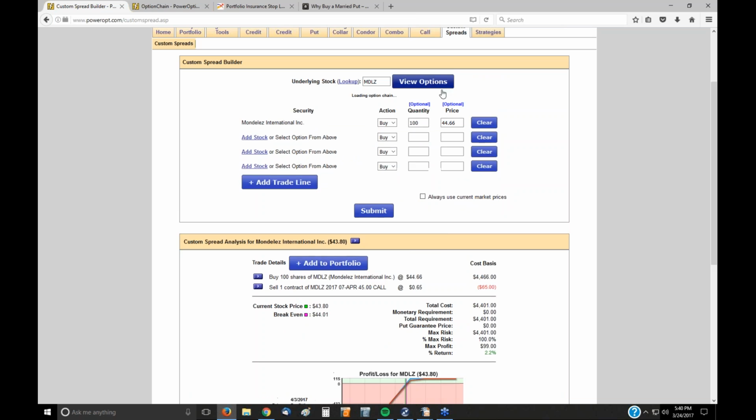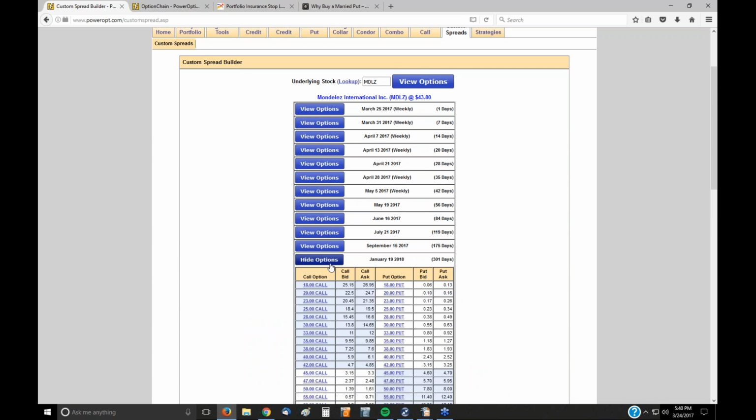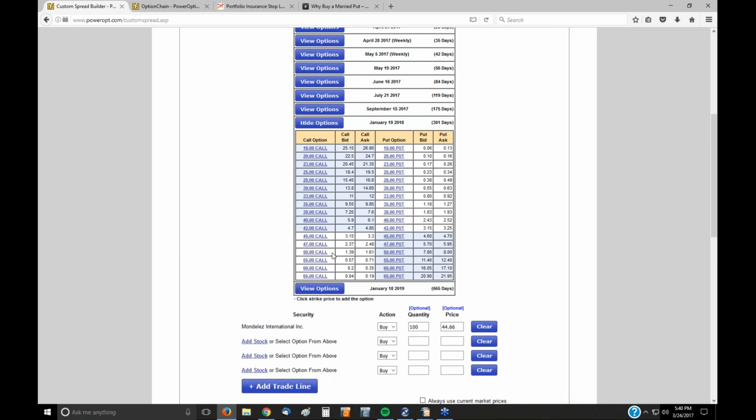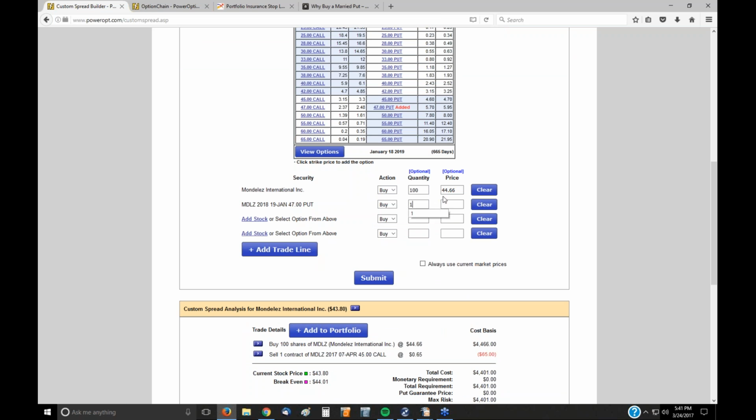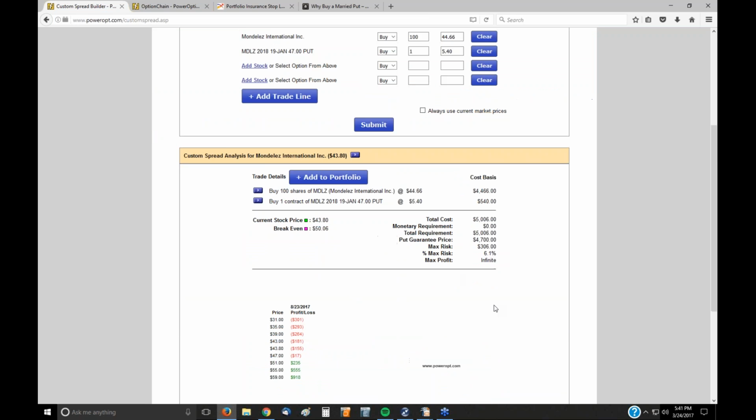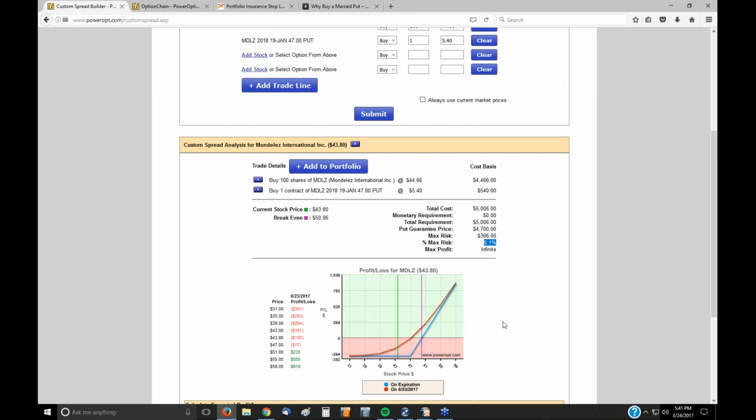Versus the married put, where I bought that January 47 put at 5.40. Okay, so now my risk is 6.1%. But I still have unlimited upside.